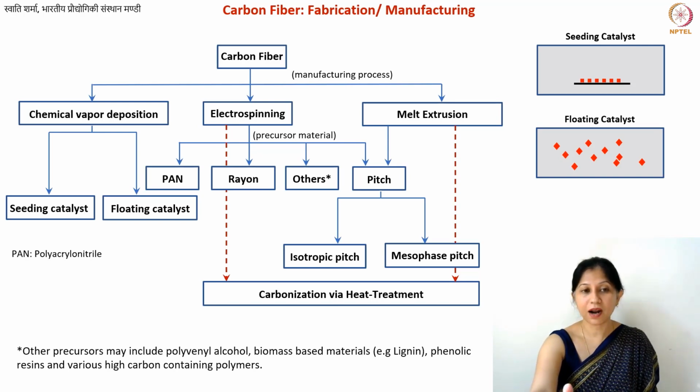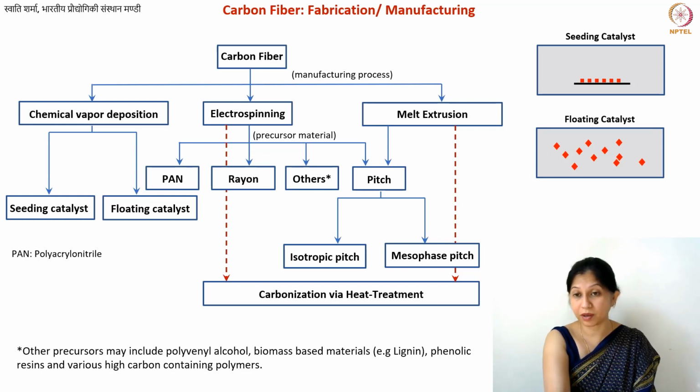Okay, so here are some of the names of these other polymers. Of course, electrospinning as well as melt spinning can also be utilized for making many other structures, not just carbon fibers. For example, you can make glass fibers using melt spinning. Melt spinning is indeed used for making glass fibers.